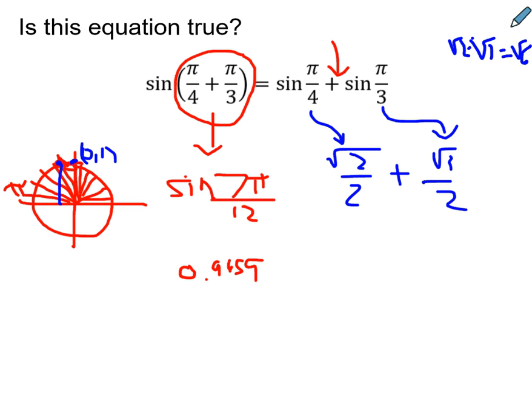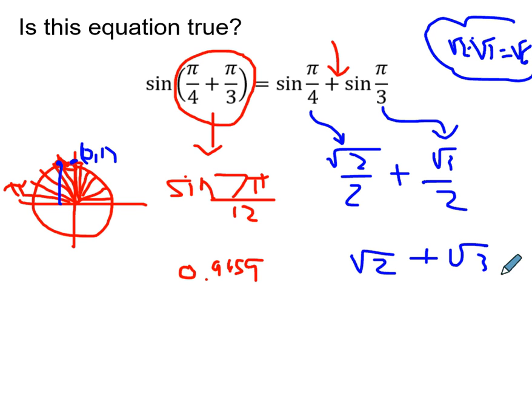But in this case here, when you multiply, you can do that. But when you add, there's nothing you can do really. You have to leave it square root of 2 plus square root of 3 over 2. If you take your calculator and you add that up, you get something around 1.57. So these two are not equal.